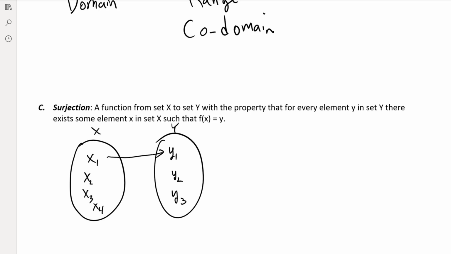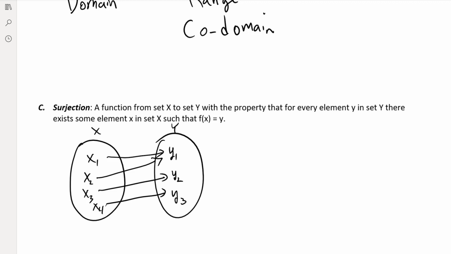So it could be that different x values are mapped to the same value y, but for every y value there has to be something over here that maps to it. So perhaps we have a situation like that. So for every single value in the set Y, there is some x value that is mapped to that.